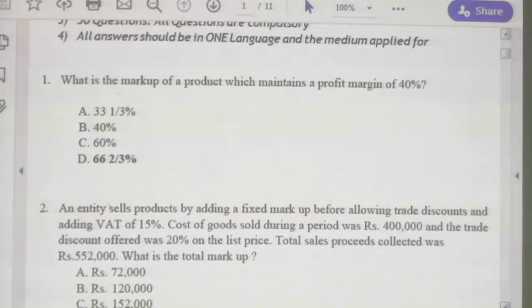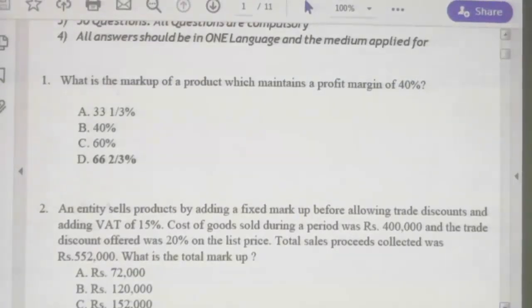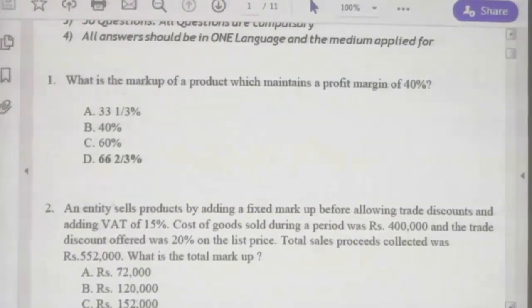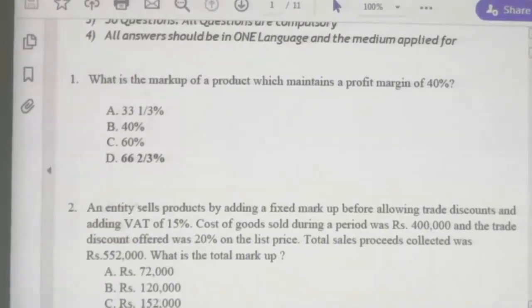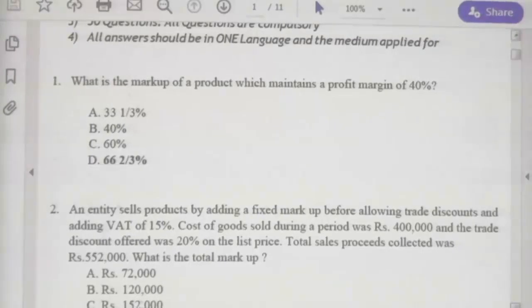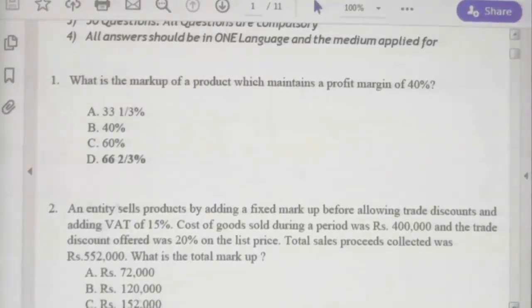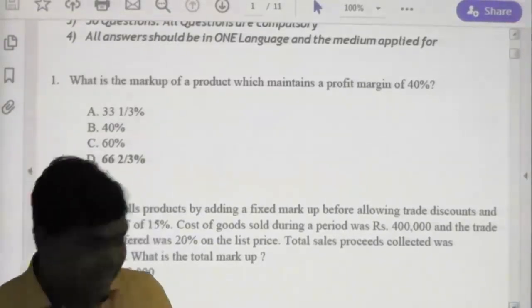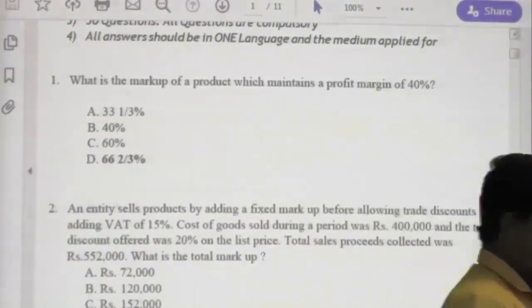This is a lesson regarding markup and margin. What is the markup of a product which maintains a profit margin of 40%? Right. Now you need to understand what markup is and what margin is. That is the point. Let's take the whiteboard for this calculation.